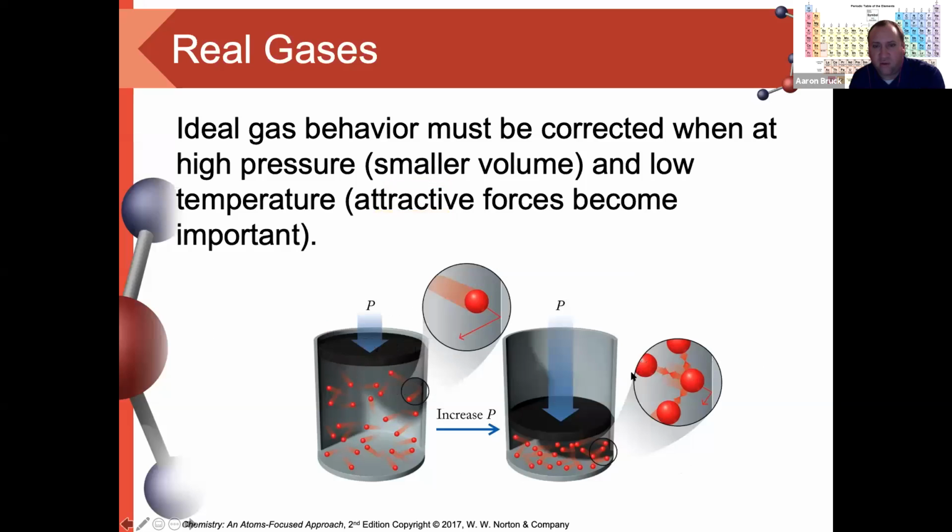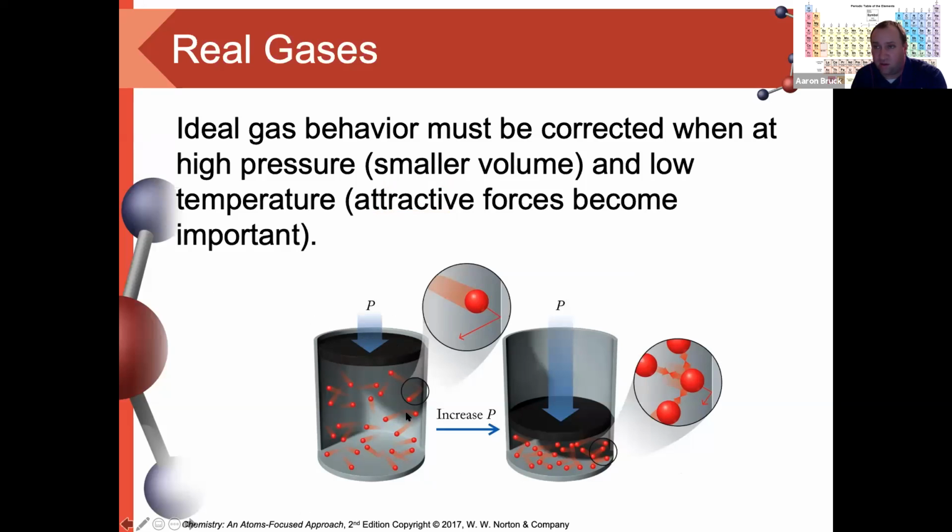Okay, to this point, we have largely been talking about ideal gases. That is, gases that behave strictly according to the kinetic molecular theory. But there were some assumptions that we've made along the way. One of the assumptions that we made is that gases don't have any volume.